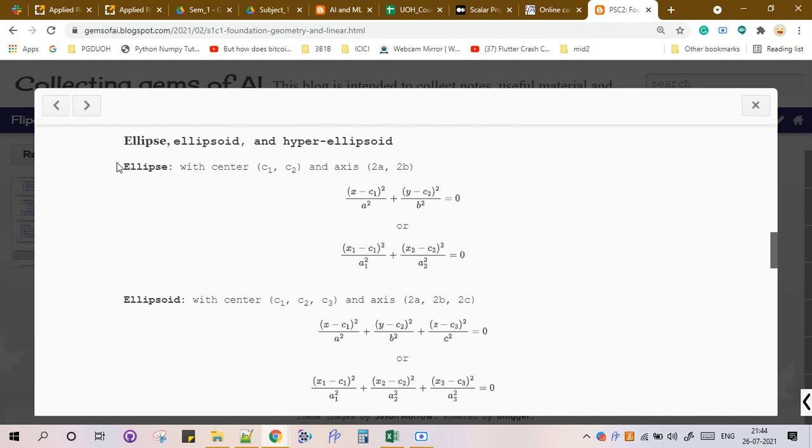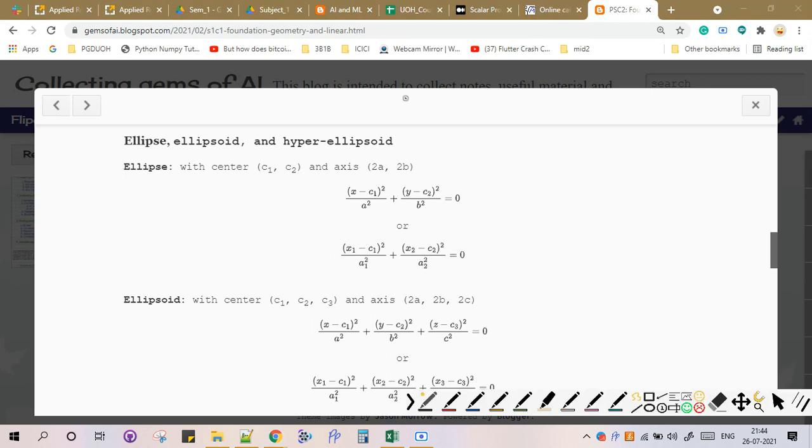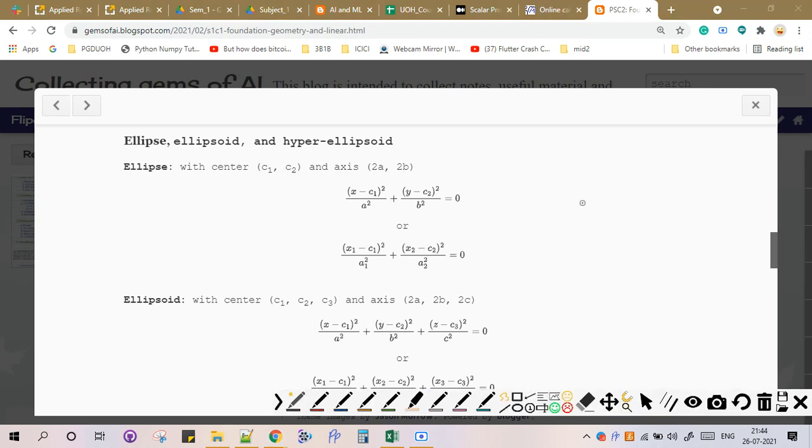Okay. I don't think this is needed, but let's see it one time. So the ellipse with center c1, c2 and axes: this is called the major axis, this is called the minor axis, right? You can take either axis interchangeably because we have the positive sign here, but mostly in an ellipse the first axis we take is the major axis, and the second axis is the minor axis.